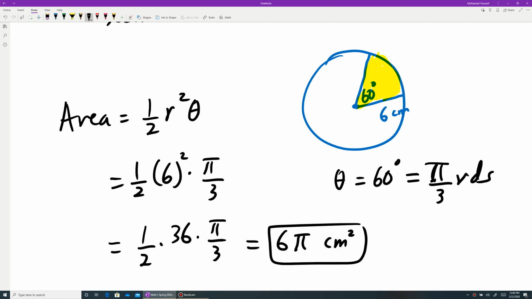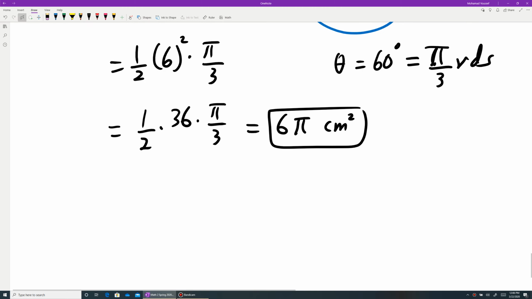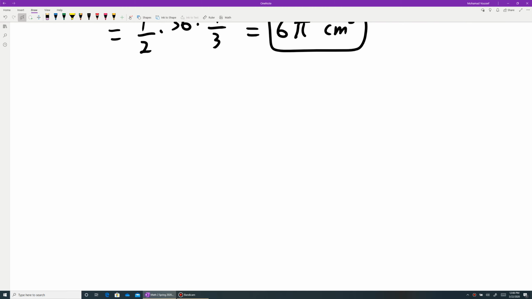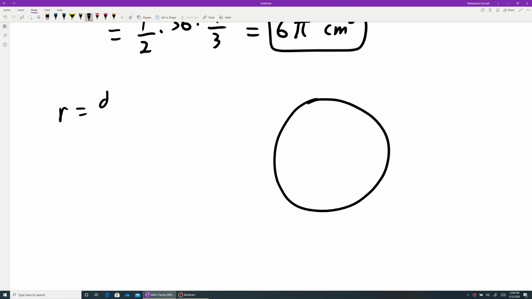What can be other applications to this? We know from before that rate is distance over time. Now here we have a central angle theta.